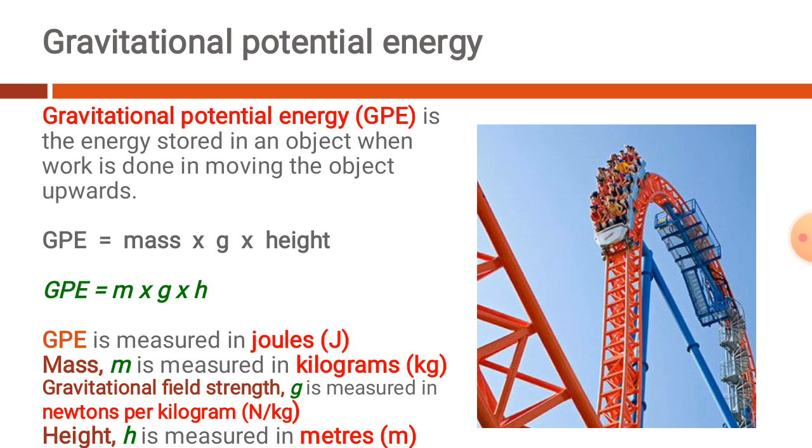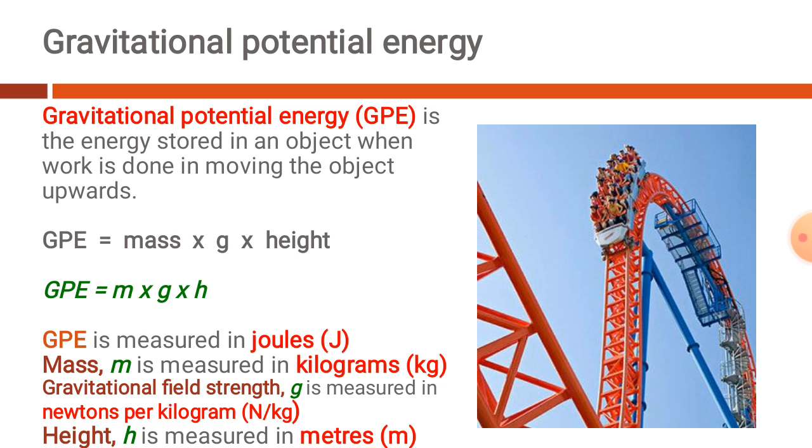I hope that you understand what GPE is. This GPE can be anywhere. It can be there in a waterfall. How does the water fall from a particular height, from a mountain or a hilltop? According to physics, it falls due to its GPE.